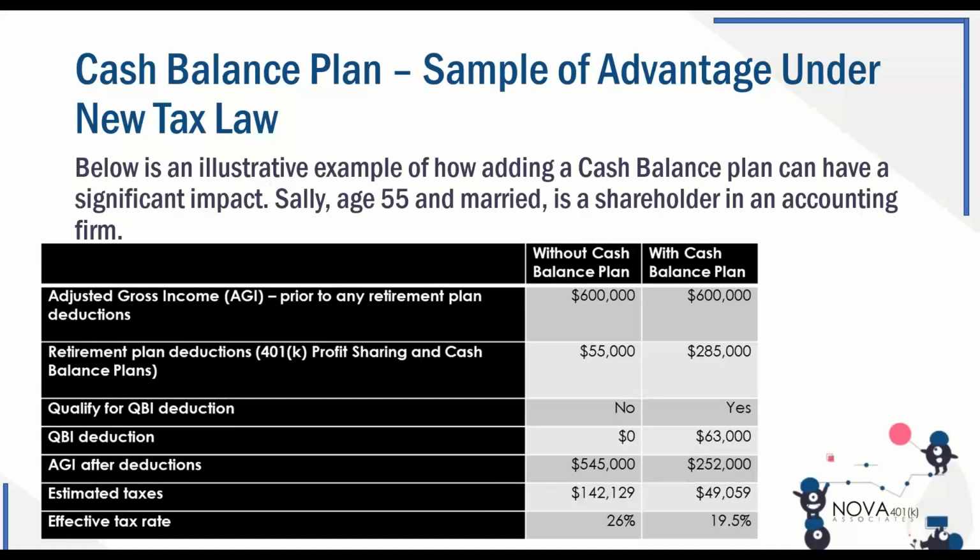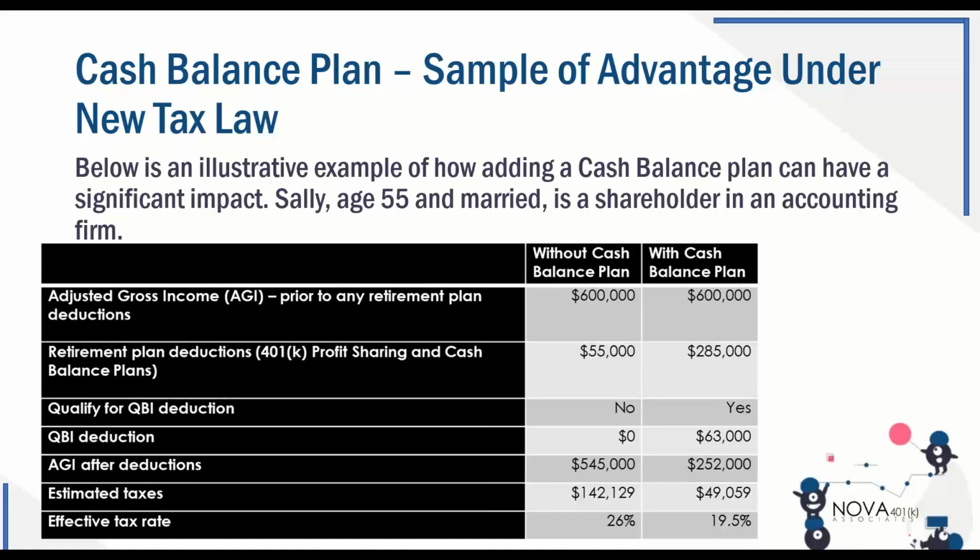Here's an example of a plan sponsor, Sally. And when these calculations are done, they involve your personal taxes. So I cannot say enough how important it is to have your accountant personally, directly involved when you're adding these kinds of plans.